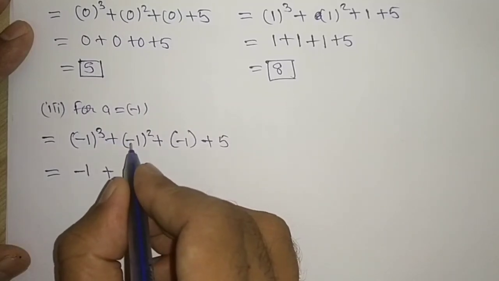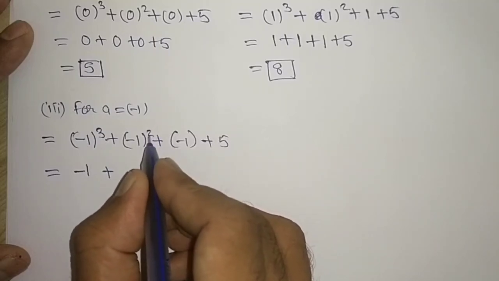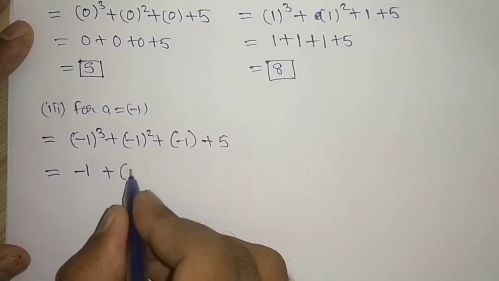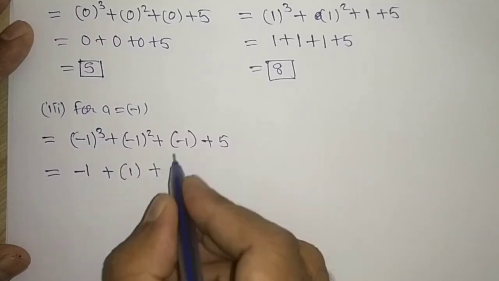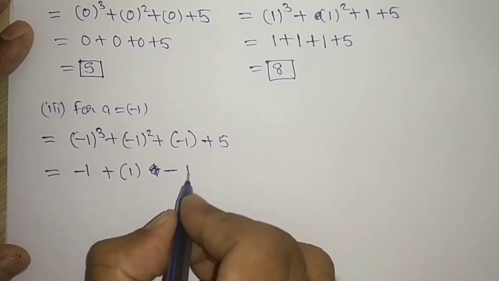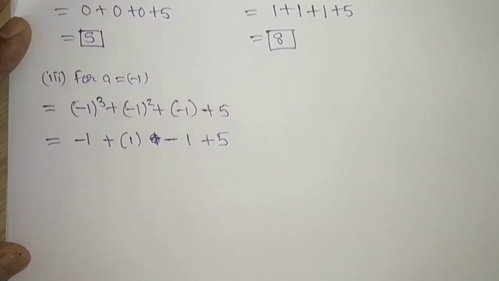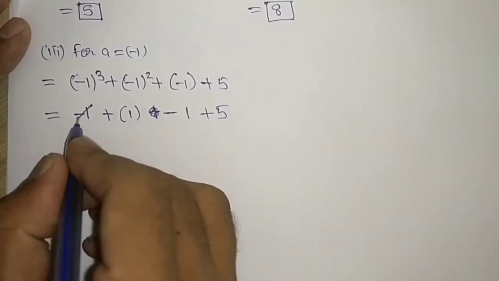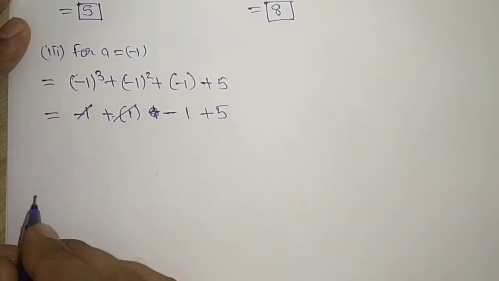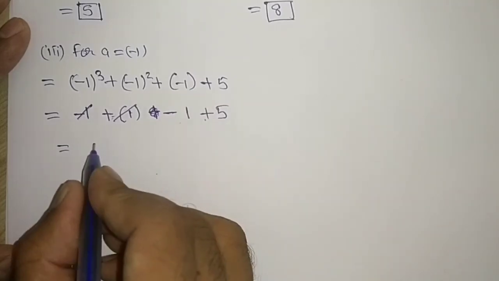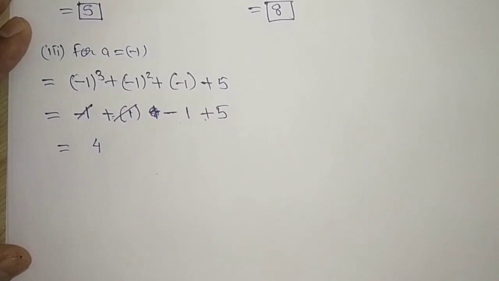Plus, if the number is minus and its power is even, we will get the answer in plus. So 1 square will be 1, plus into minus will give me minus 1 and then lastly 5. Here you can see minus 1 and this plus 1 will cancel out. Minus 1 plus 5 will give me plus 4. So this is our answer.